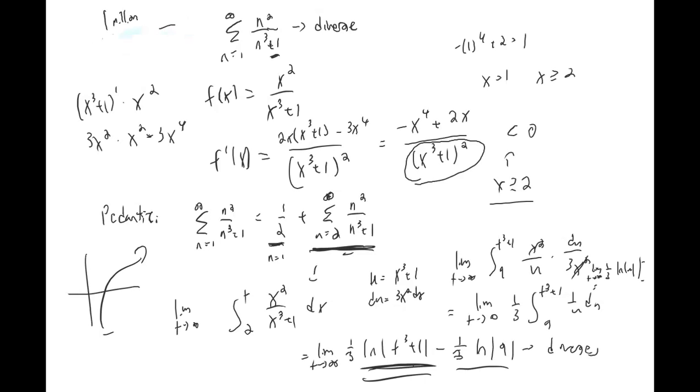So what does this thing behave like? If I just exclude the one, this thing behaves like the sum from n equals 1 to infinity of n squared over n cubed. And what is n squared over n cubed? It behaves like 1 over n, and you all know this diverges.